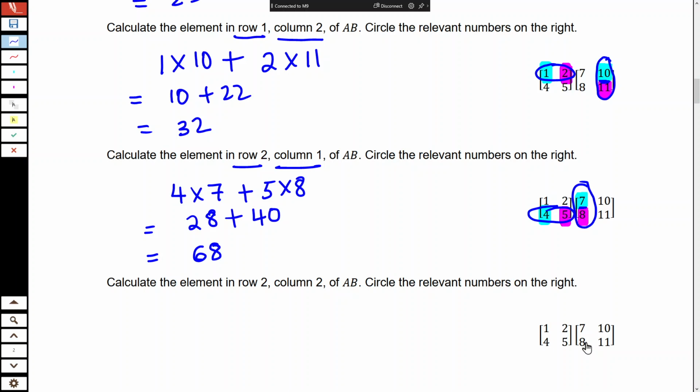And we can do this a bit more quickly. For the last one, we'll use row 2 in the first matrix, column 2 in the second matrix.